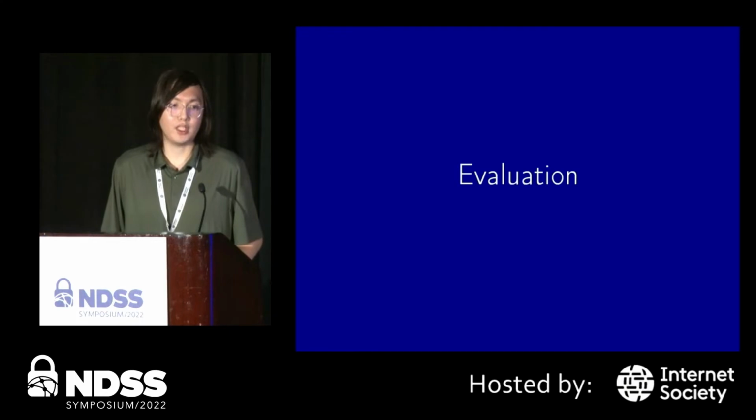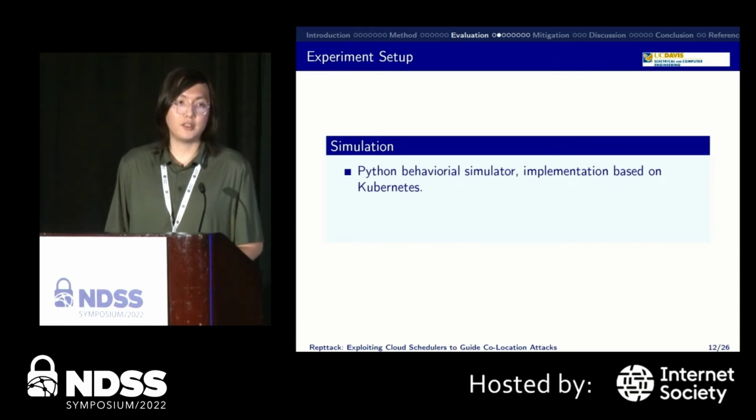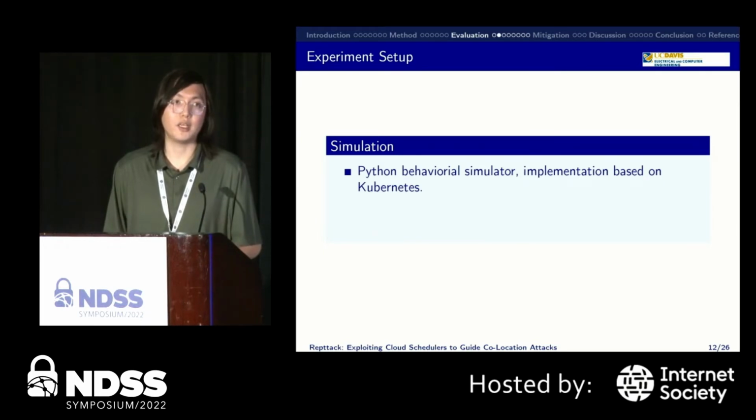So here comes our evaluation. Our evaluation consists of two parts. The first part is simulation done in a Python simulator written by us. It's basically a behavior scheduler simulator, and it simulates the behavior of a filter score scheduler. We read the source code of Kubernetes and tried to build a very similar strategy in our simulator.